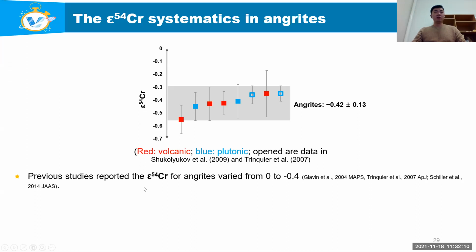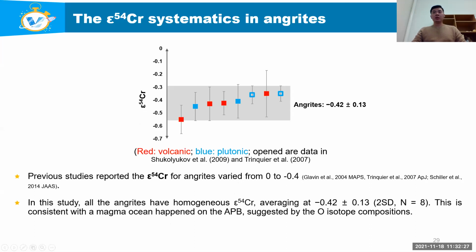This contradicts a previous study, mainly this paper, which showed the Angrites have variable epsilon 54 chromium values. And I think the homogeneous epsilon 54 values for Angrites are also consistent with their homogeneous oxygen isotope compositions, and this isotope homogeneity suggests a global-scale magma ocean on the Angrite parent body.